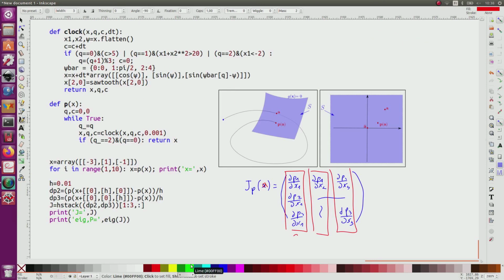I consider the Python program given here, where this is exactly what has been proposed before. Okay, I compute here the fixed point.